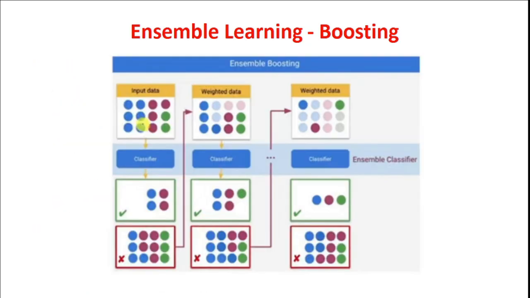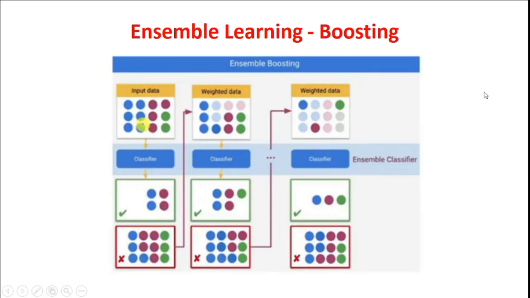The pictorial representation of boosting is given here. First, the model is developed. The output of the first model is given as an input to the second model. The error in the first model is reduced in model number 2.